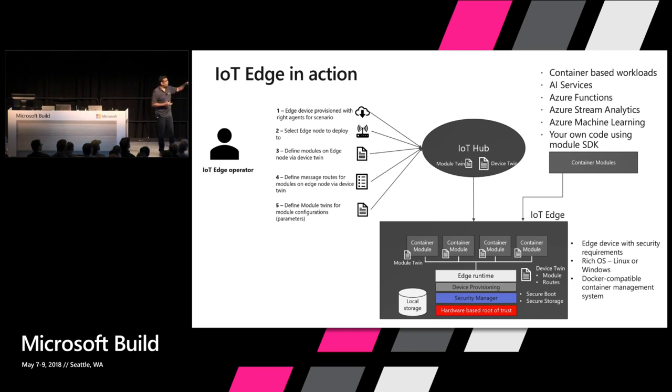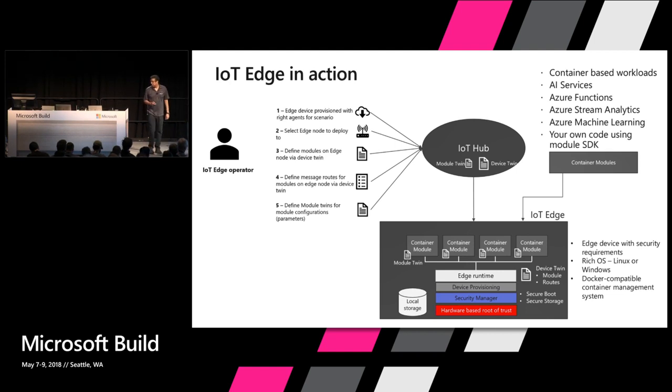You can do all of that from the cloud without ever touching the device, because through device management in the cloud, you can set up a new route, you can set up a new module to come down, you can remove a module, you can add another module, you can add 5 more modules. Whatever you want to do on this device, you can do sitting in the cloud at scale. So that is really how Azure IoT Edge is deployed. That's how we move workloads to the device, and these workloads could be any of those.